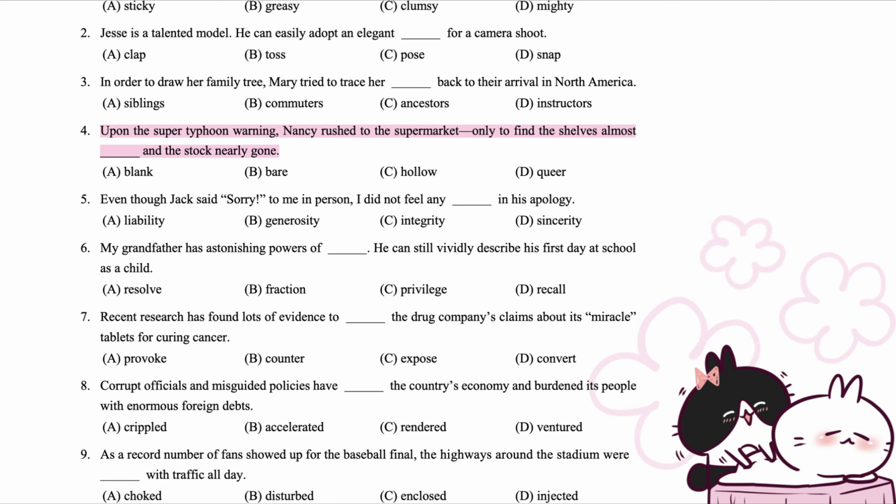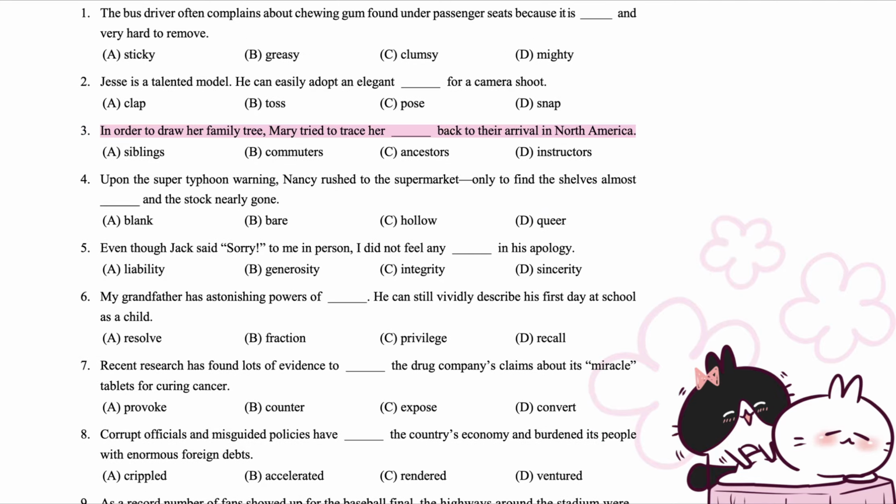4. Upon the super typhoon warning, Nancy rushed to the supermarket, only to find the shelves almost bare and the stock nearly gone. A. Blank. B. Bare. C. Hollow. D. Queer. 3. In order to draw her family tree, Mary tried to trace her ancestors back to their arrival in North America. A. Siblings. B. Commuters. C. Ancestors.